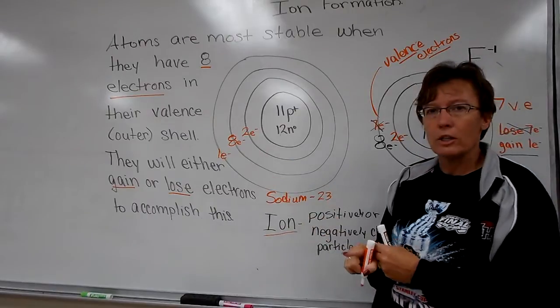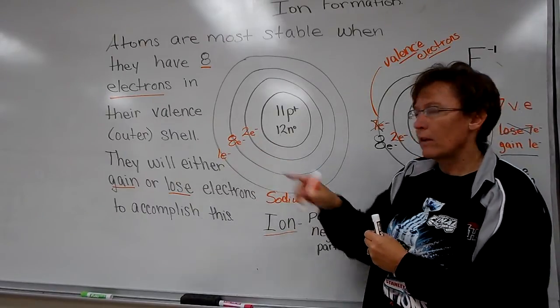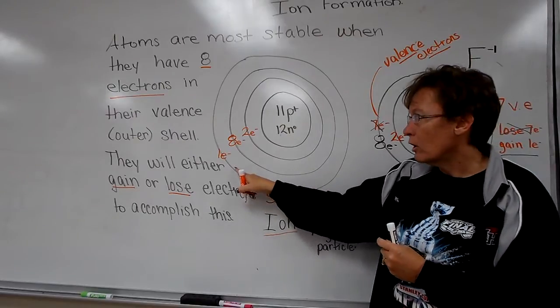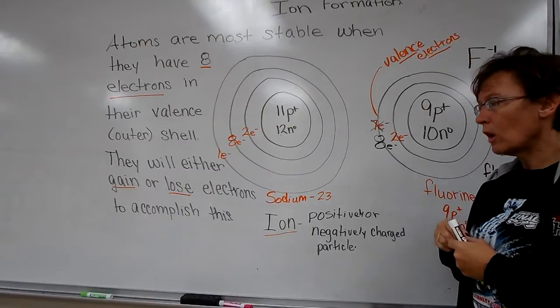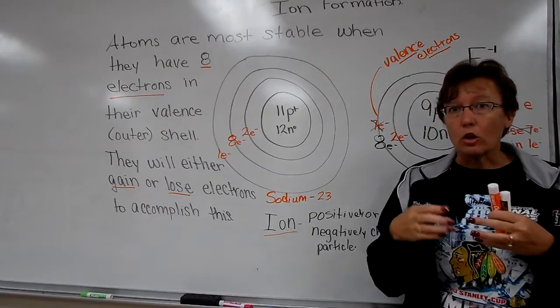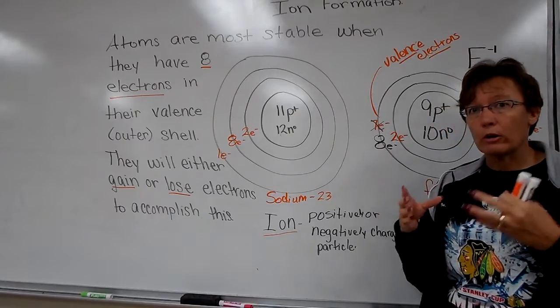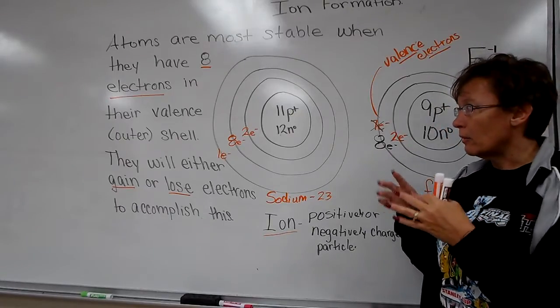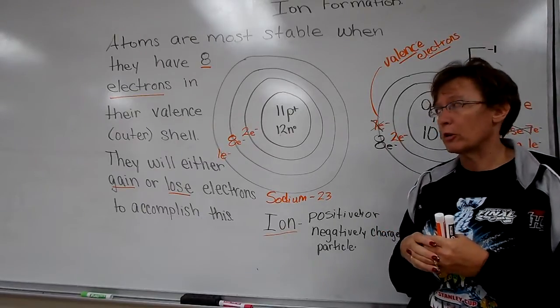We have 3 energy levels. So we've got 2 electrons in the first energy level, 8 electrons in the second energy level, which leaves us 1 electron in the third energy level. So again, sodium wants to have that stable outer electron shell. It wants to have 8 electrons in its outermost shell.